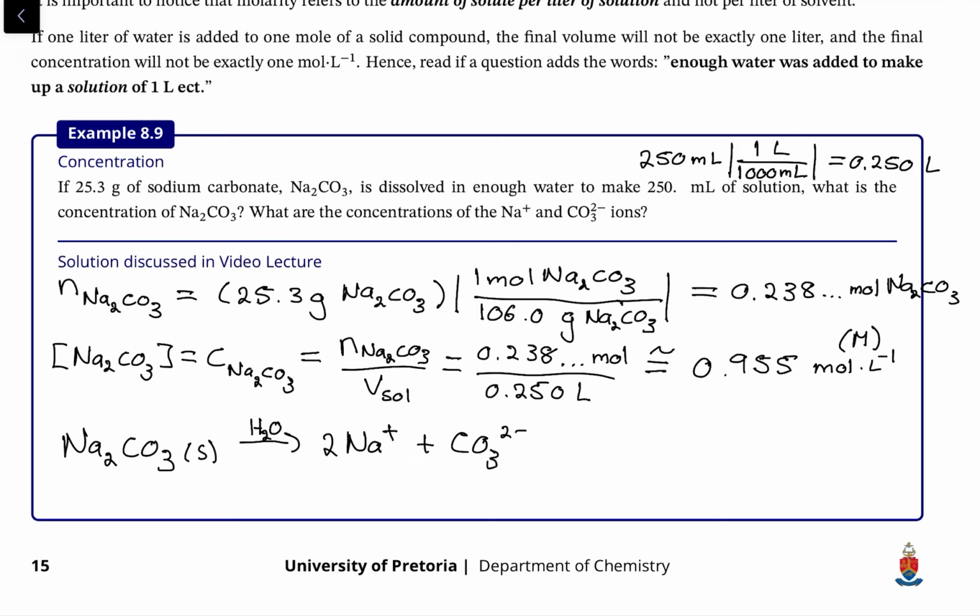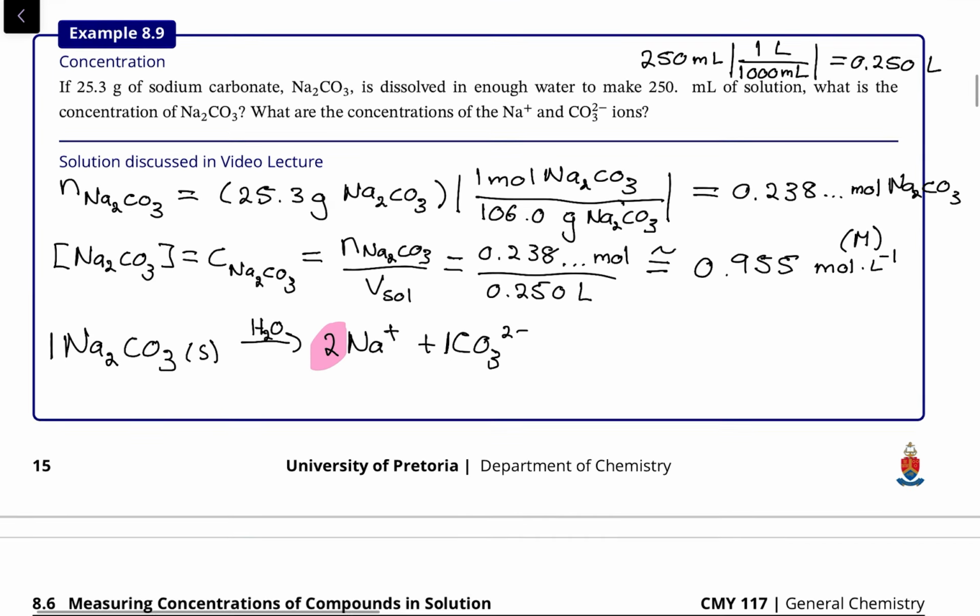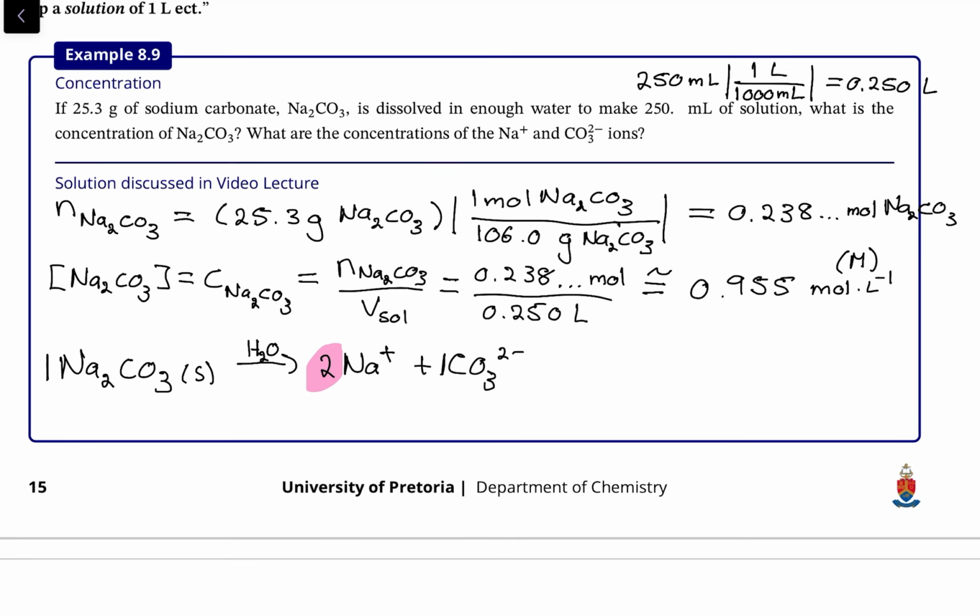But notice there are twice as many sodium cations as there are carbonate anions. So wouldn't that have an effect on the concentration? Ask yourself that. Does that have an effect, meaning you have twice as many sodium ions as carbonate anions?